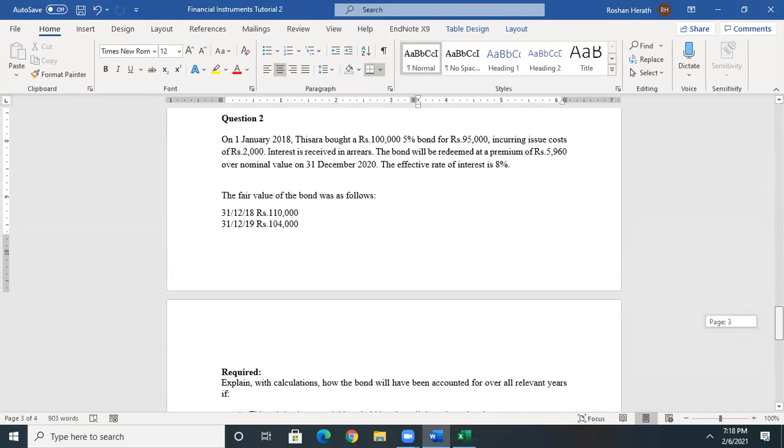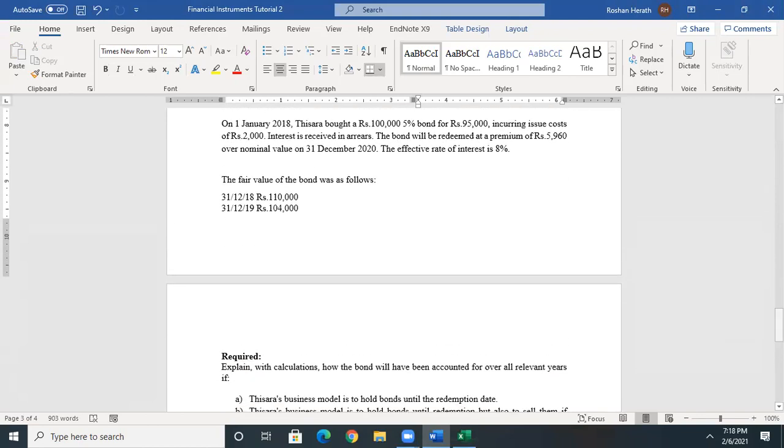So let's look at question number 2. On 1st of January 2018, Tisara bought a rupees 100,000 5% bond for 95,000, incurring transaction issue cost of rupees 2,000. So you bought it, it's an investment, and you incurred some issue cost.